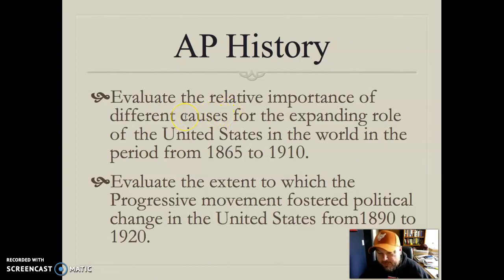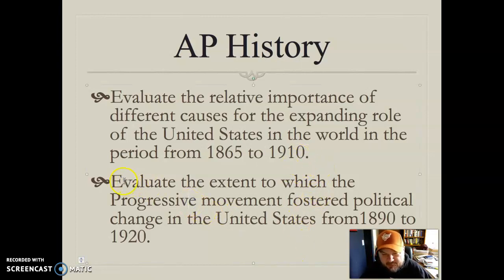So what were the reasons that we decided to get involved? So your thesis statement should say things like the United States had an expanding role in the world in this time period because of imperialism, because of nationalism, because of the search for greater economic markets, because of the thought that we were superior to these uncivilized countries, whatever your reasons were, for sure.